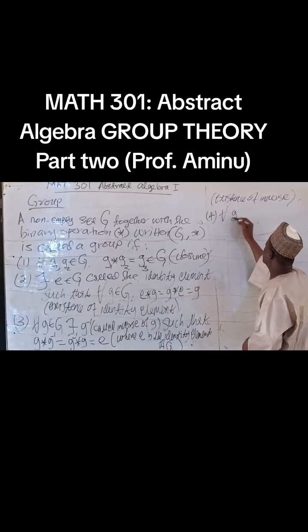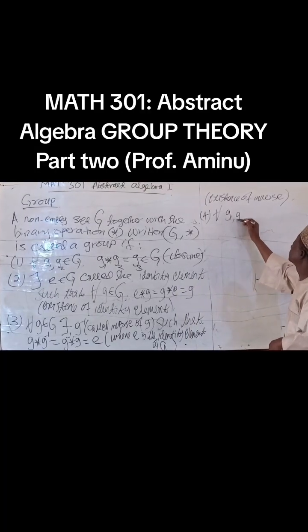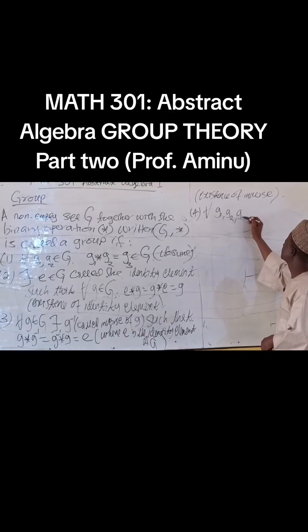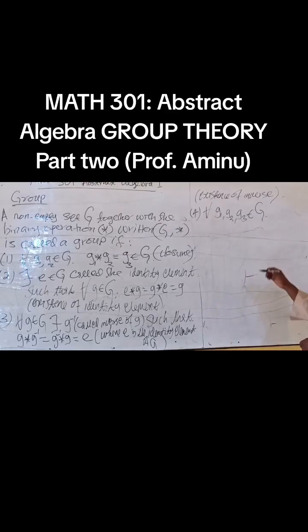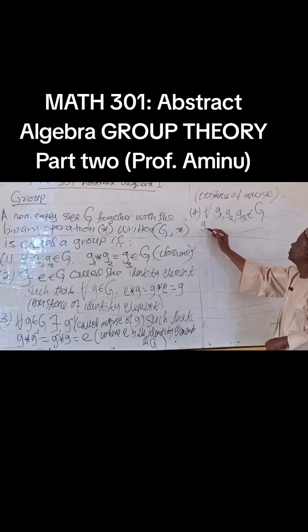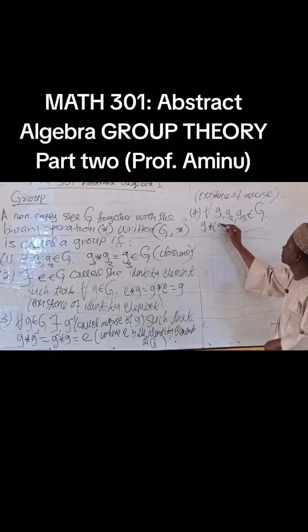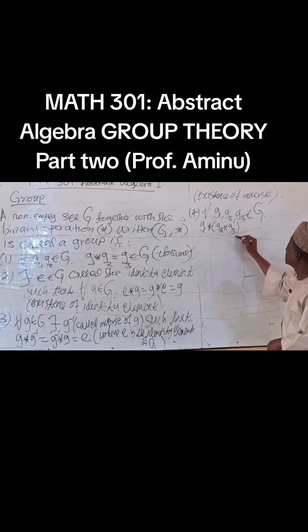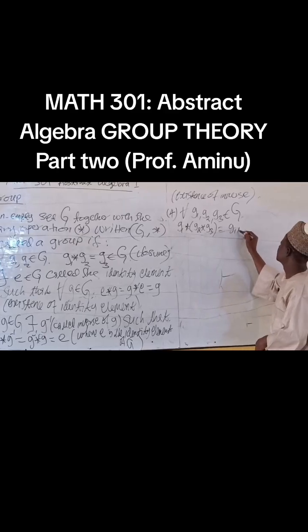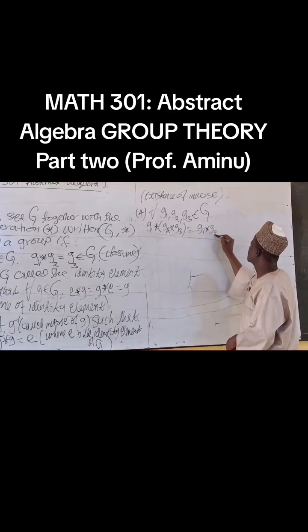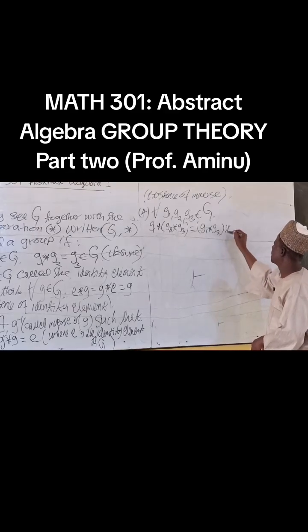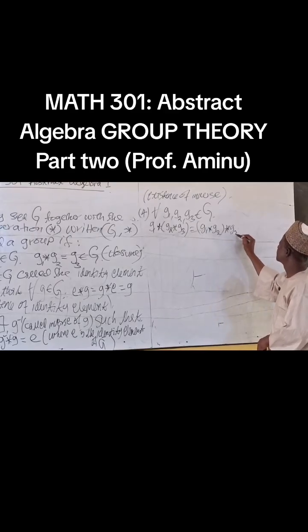For any three elements G1, G2, G3 you pick from the group, G1 star G2, all star G3, would be the same as G1 star, G2 star G3.